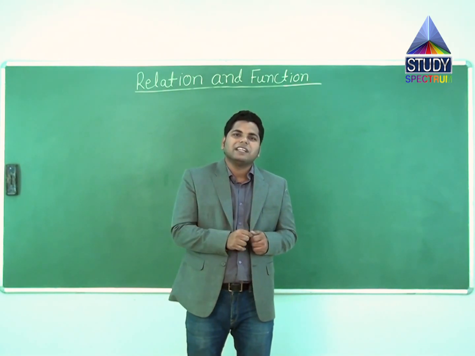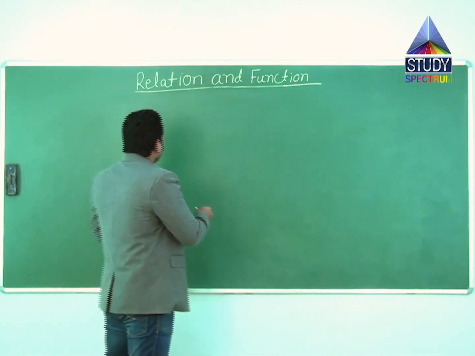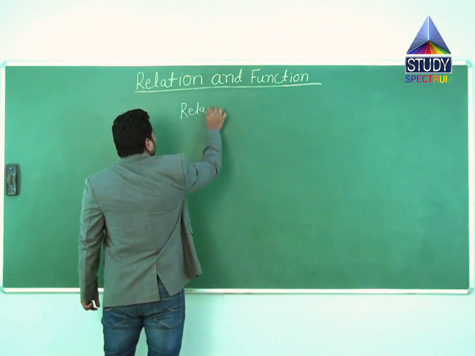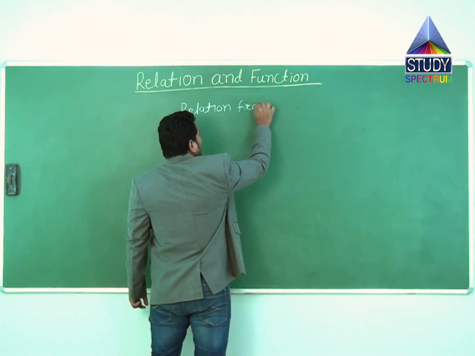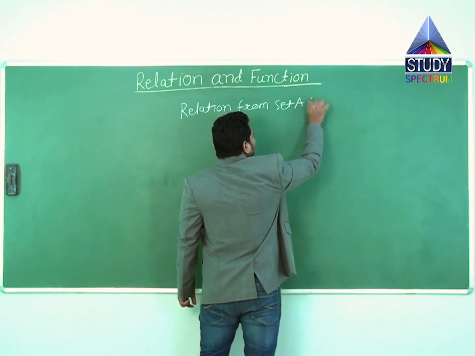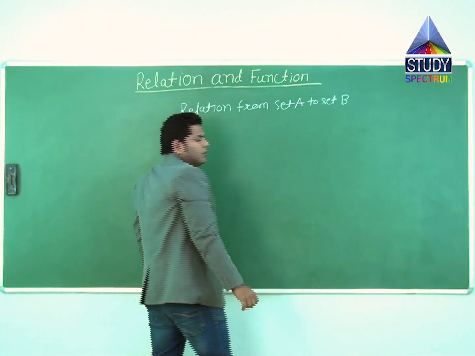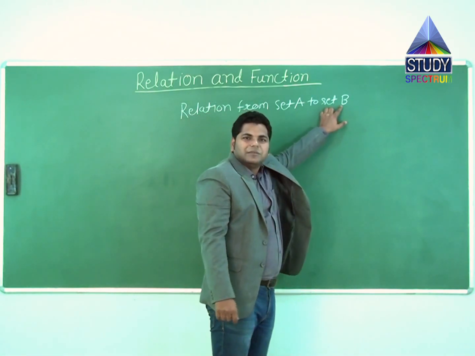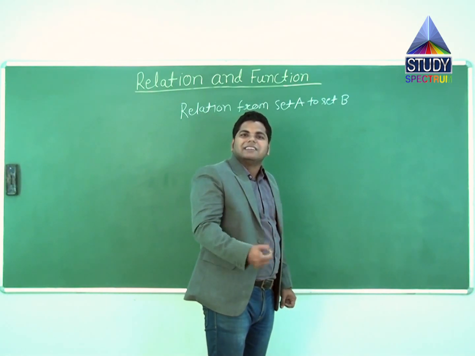Then this type of relation is called a relation on set A. We talked earlier about a relation from set A to set B. Now there is also a possibility that set B becomes set A, meaning set B is set A itself.